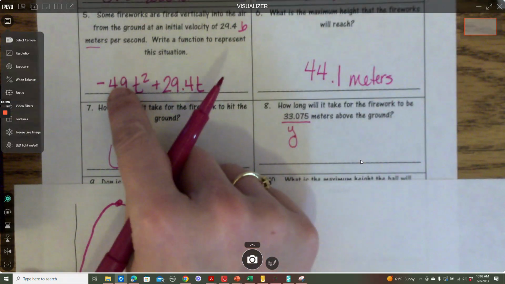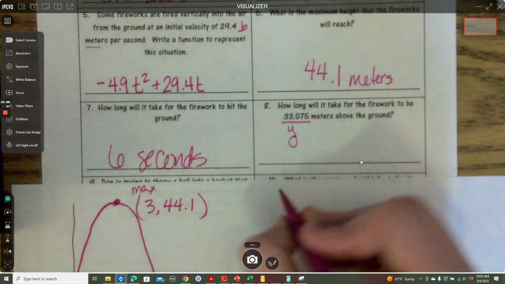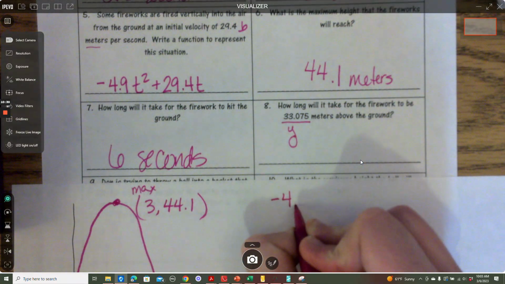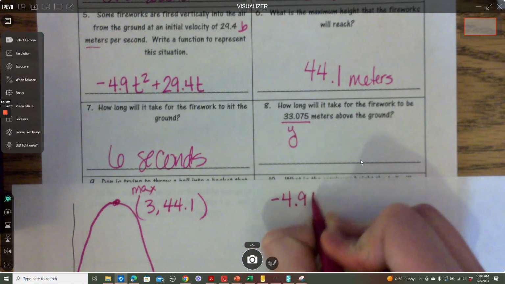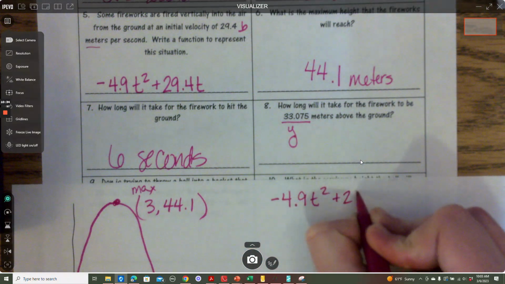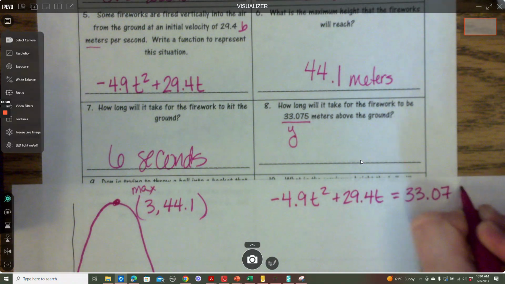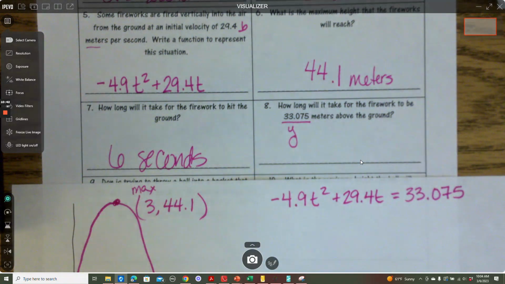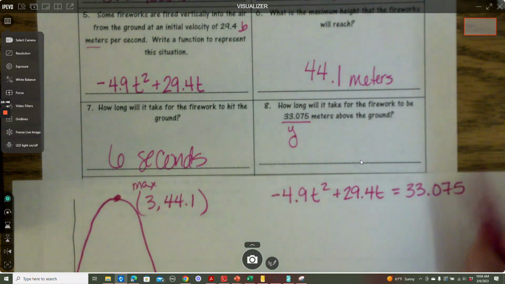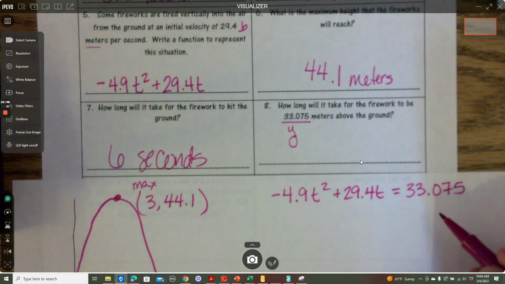What I can do is set my equation, negative 4.9 t squared plus 29.4 t, equal to that amount. Okay. And then I can solve this using the quadratic formula.